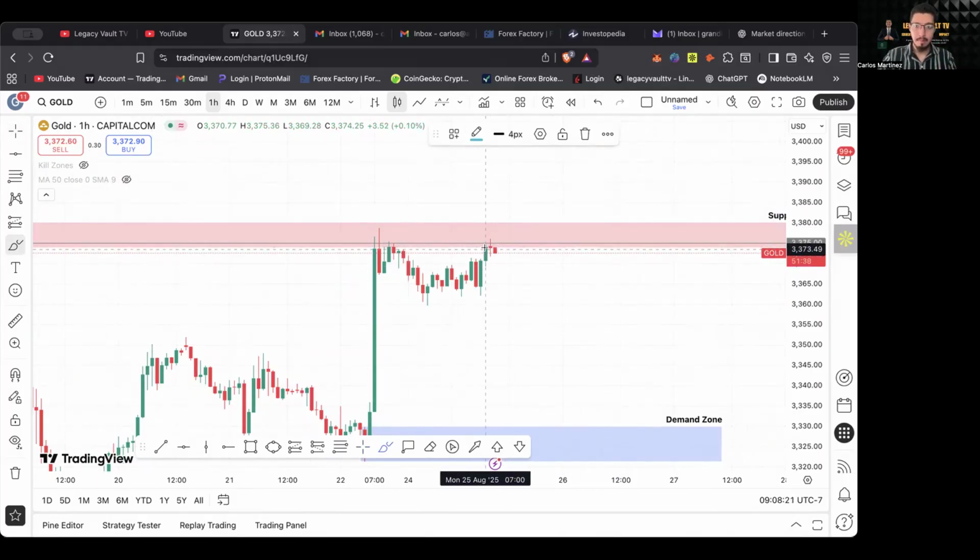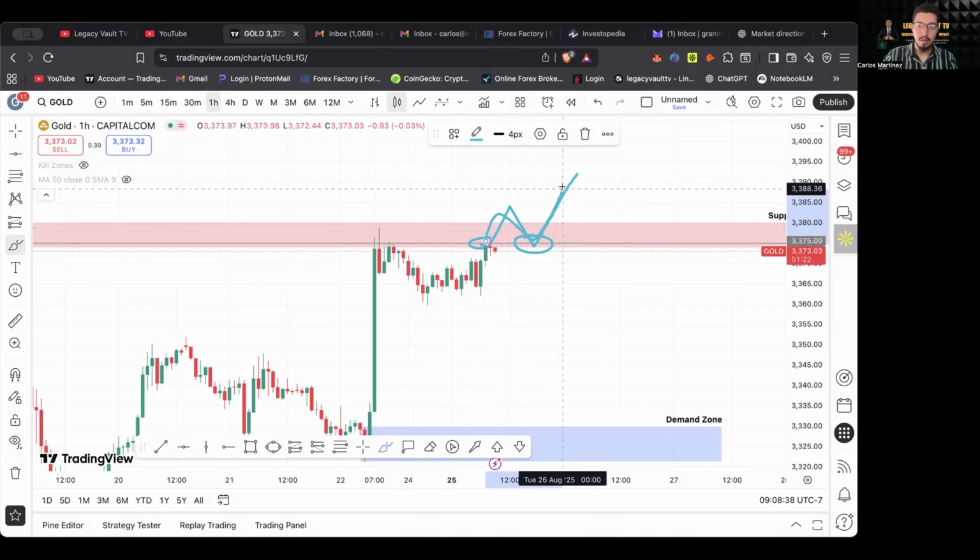So price may break above, retest, and continue to the upside, and it will become a support level. So it can go from resistance to now support on an uptrend.